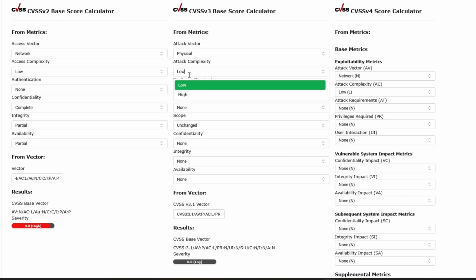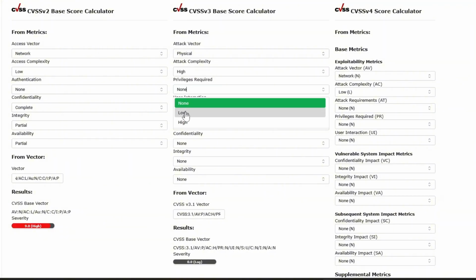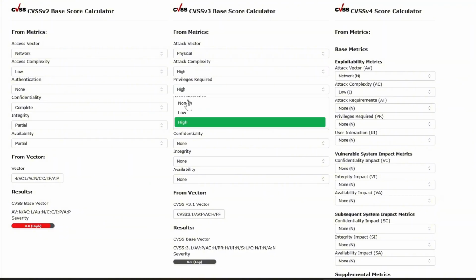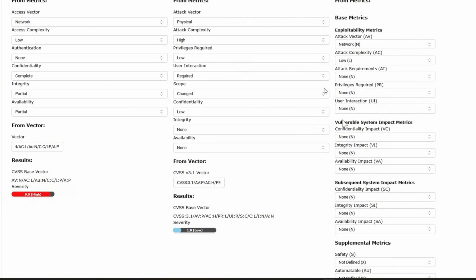So if you make it physical, and complexity is high, privilege required is, let's say, low, user interaction is required, scope is changed, confidentiality is low, again the level would be very low, even if it was a P1 or very hard concise thing. Okay. Similarly, we have the CVSS version 4 calculator. It has some more interesting metrics.